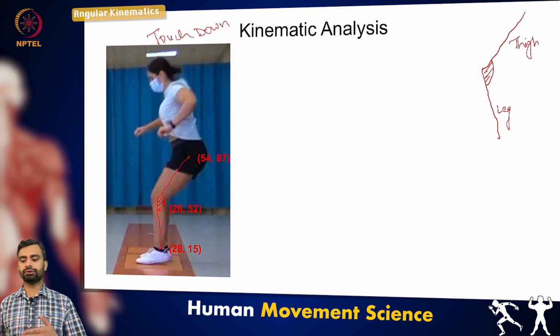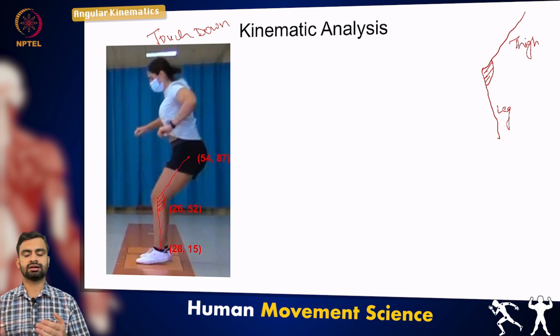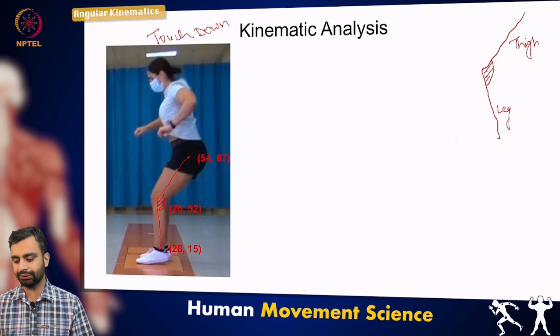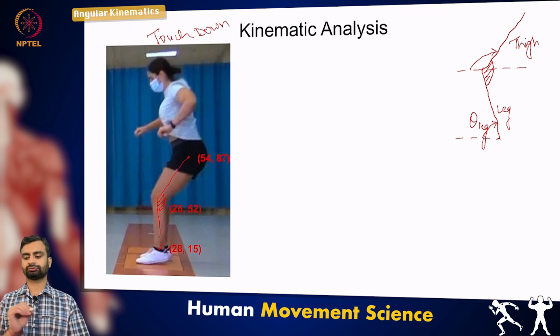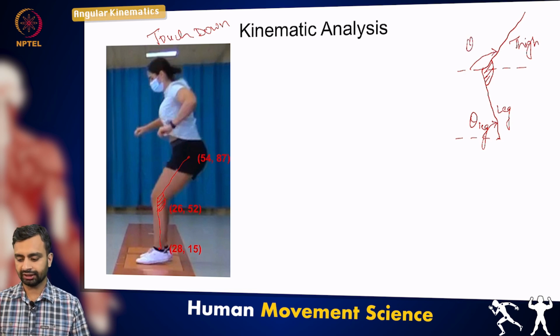Since we do not know the length of leg and the thigh segments, we will first calculate the absolute angles and then find the relative angle using the absolute angles. So in this case, we will draw a horizontal line at the ankle and knee, and we are then going to calculate theta leg and theta thigh.